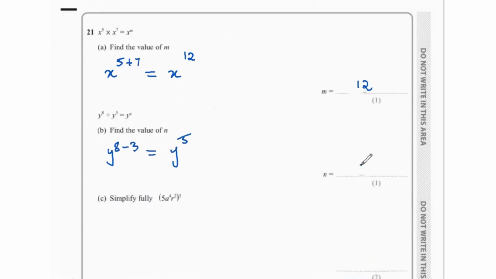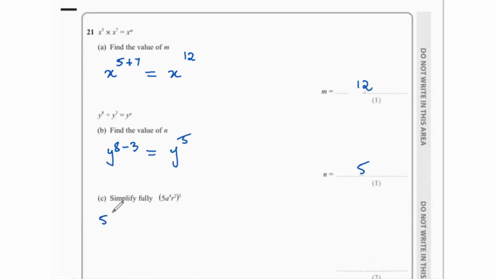So n is 5. Then it says simplify fully (5a to the power 4 r squared) whole cubed. So when there's a power inside the bracket and outside the bracket, you multiply the powers and the power gets distributed on both the numbers and the variables.